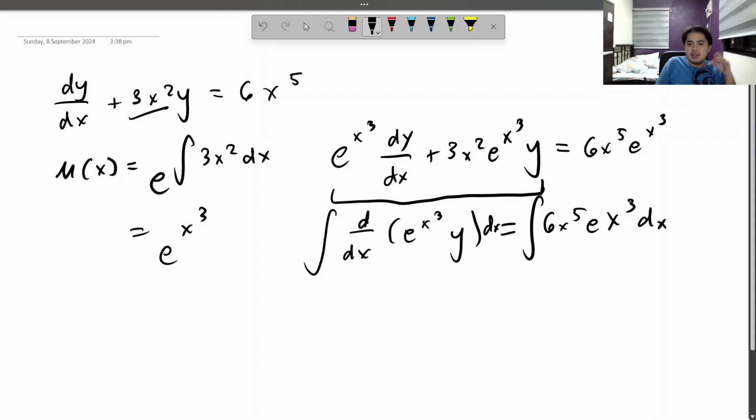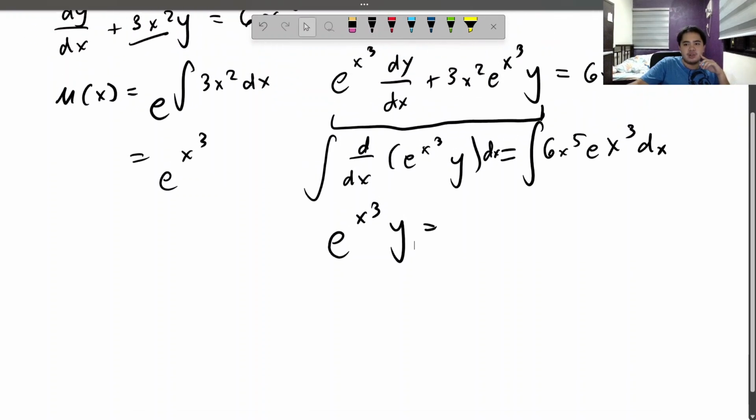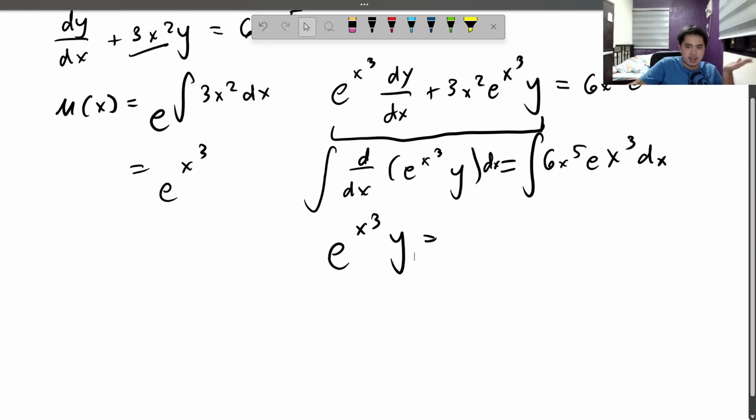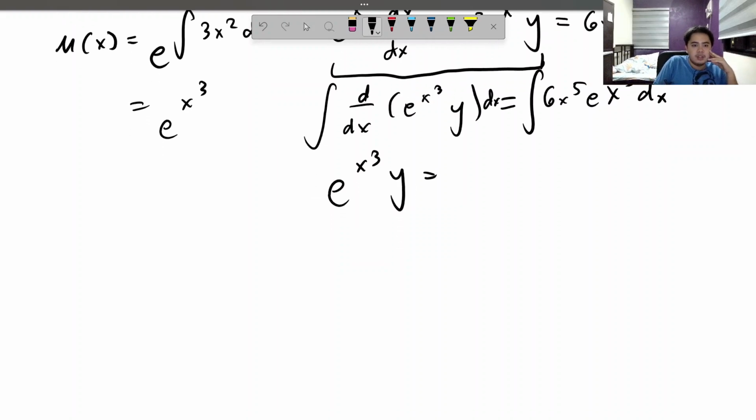Now, the fundamental theorem of calculus states that the integral of a derivative, or the derivative of an integral, whatever you want, is basically canceling each other out. So this just becomes e to the x cubed y. This is what we need to solve: the integral of 6x to the 5 e to the x cubed dx. So let's put it here.